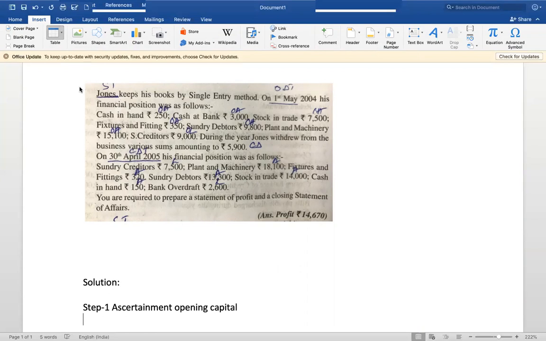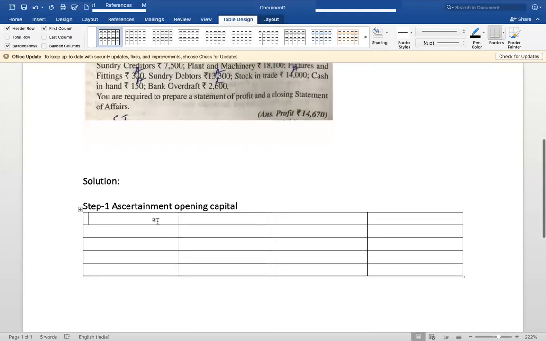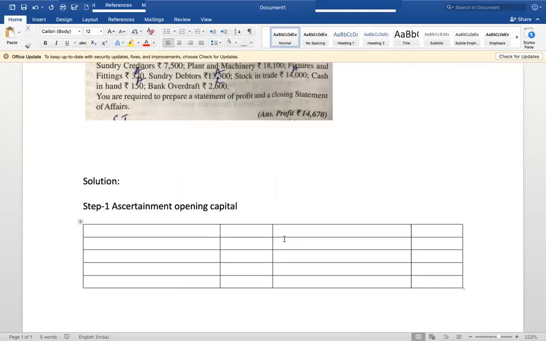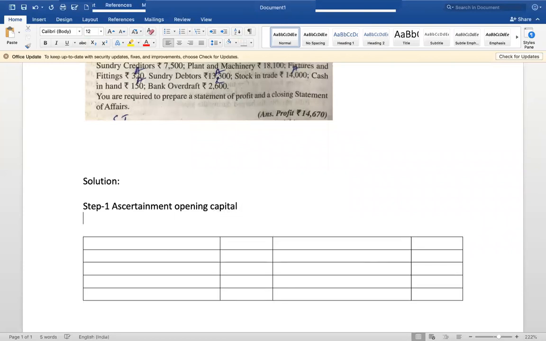Okay, so we'll take a format of the balance sheet. This is the opening balance sheet.